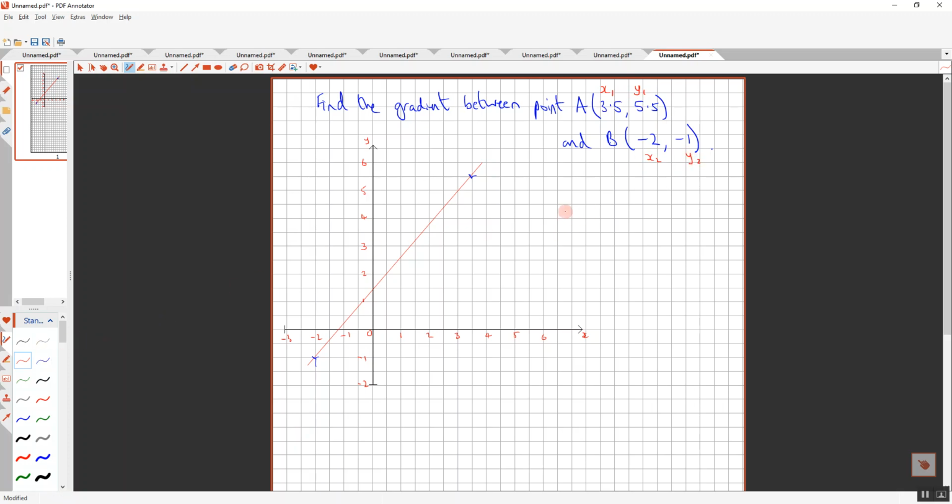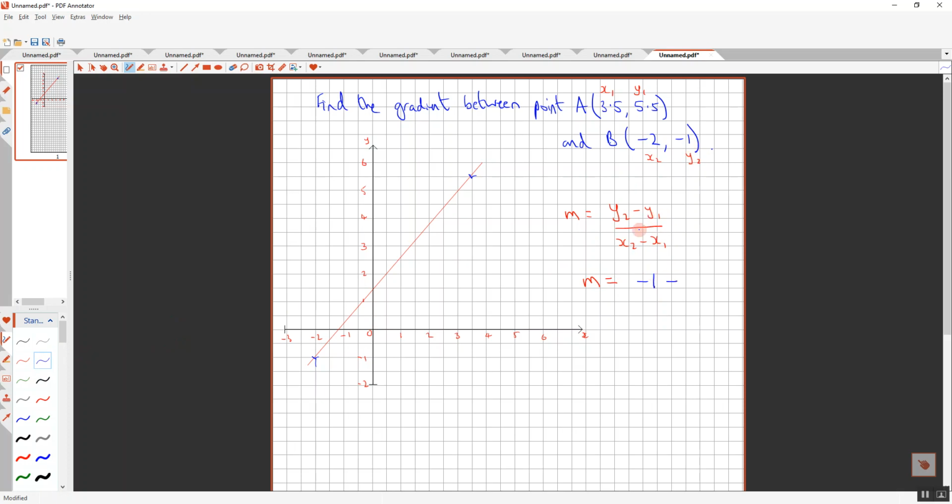The formula that we use for gradient is y2 take away y1, divided by x2 take away x1. And we put our numbers into the formula. So what is y2? y2 is -1.